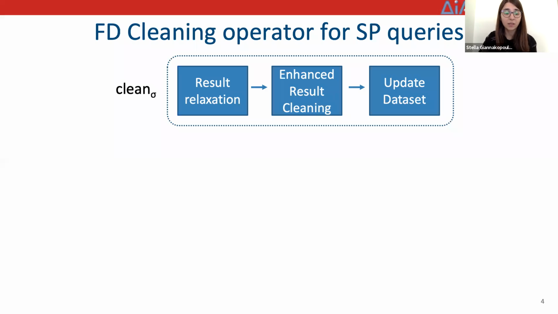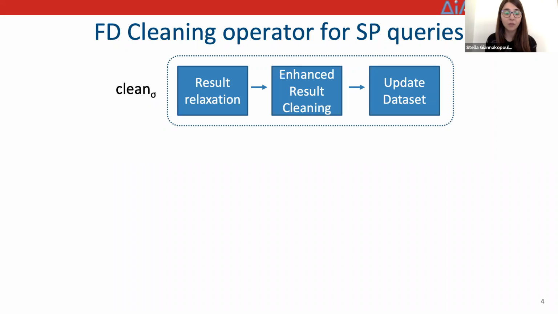And the steps of the clean select operator are that it first relaxes the result by bringing correlated tuples from the dataset. And these correlated tuples involve tuples that are candidates to qualify the conditions of the query, or they are tuples that are useful in order to clean the result of the query.